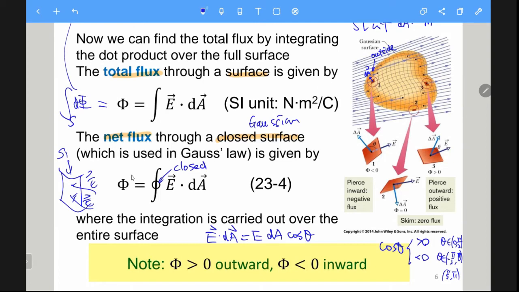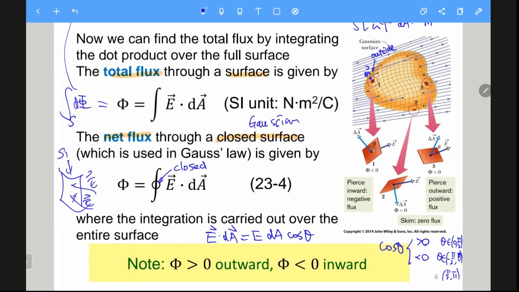So here we only consider the result after the summation. If it is positive, overall something is going out. You can imagine a classroom with some students. Some students may go inside the classroom, some may go outside, but finally we count how many students are in the classroom every hour. Then you can see there is a net flow of students going in or out of the classroom.